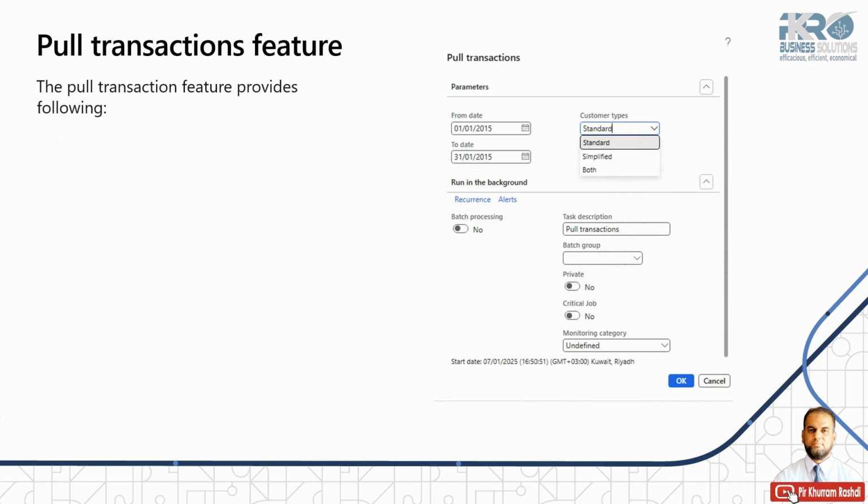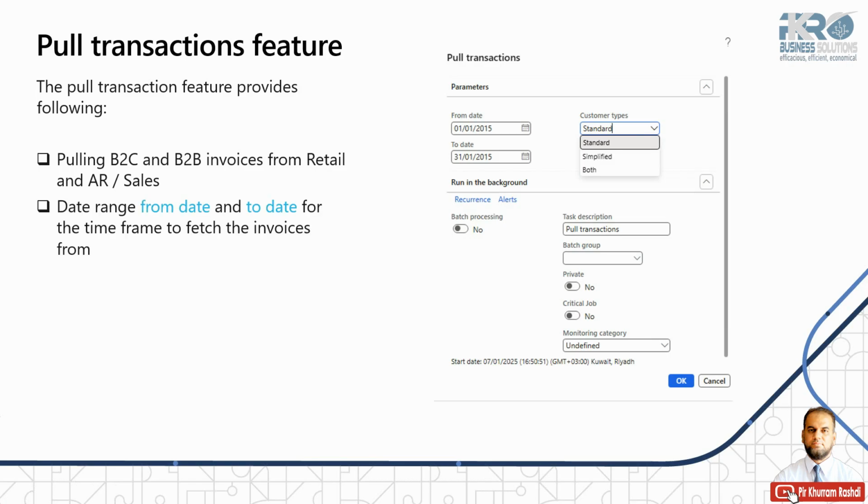As you can see on the screen, it pulls B2C and B2B invoices from the retail and account receivable sales modules. This feature lets you pull the transactions or invoices from the retail module or account receivable or sales module and convert them into the required format for ZATCA that I have already shown on the integration B2B or B2C pages, with XML encoded and QR code ready, all made by this pulling service.